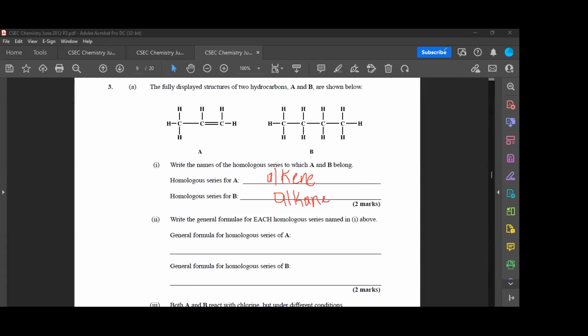All right, then it asks for the general formula for the homologous series for A and B, not the formula of the compound, not the formula of the substance that you're seeing, but the general formula for the series. So let's go ahead. For A, CnH2n.